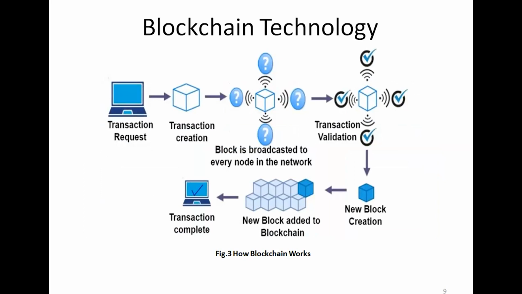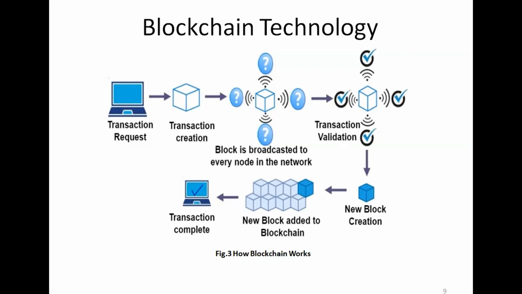As we can see, whenever any user goes for a transaction, it will send the transaction request. Then after the transaction has been created, it is broadcast to every node in the network. Basically, in the blockchain there are many different nodes, and all the nodes share the same information. So that transaction will be broadcast within the network.